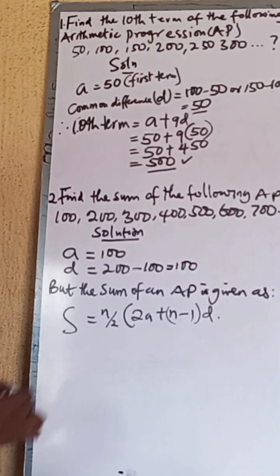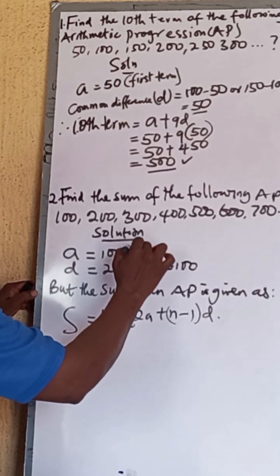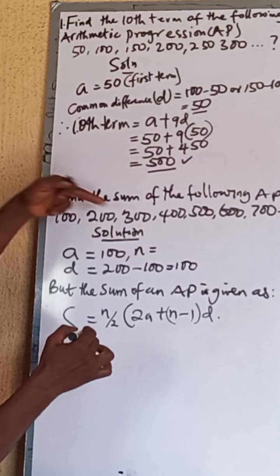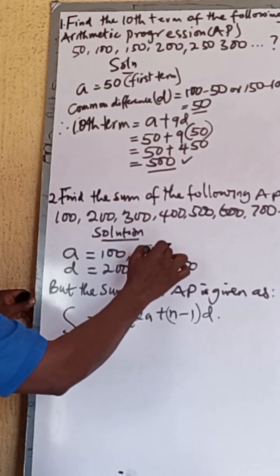This is the formula. So how many terms? N is the number of terms: 1, 2, 3, 4, 5, 6, 7. So the number of terms is 7, okay?